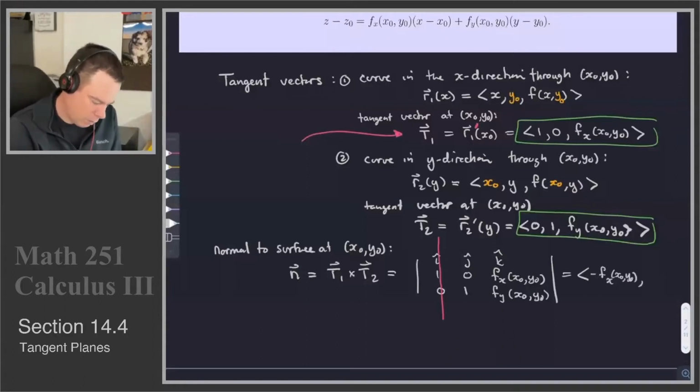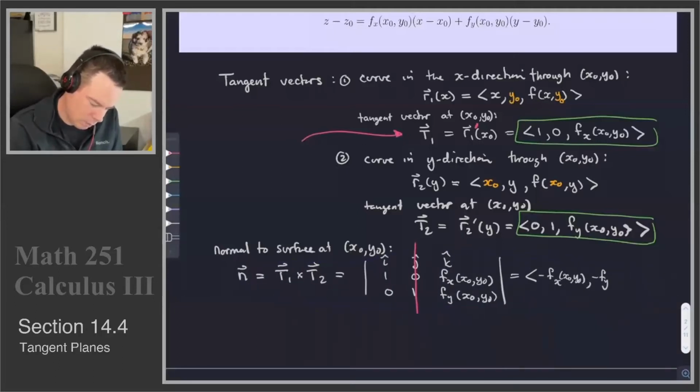And then we're going to do the next one. And that's going to be the 1 times f sub y minus the 0 times f sub x with an extra negative sign in front because it's the second component. So that's a negative f sub y. And I'll just move this over a bit so I can fill in the rest.